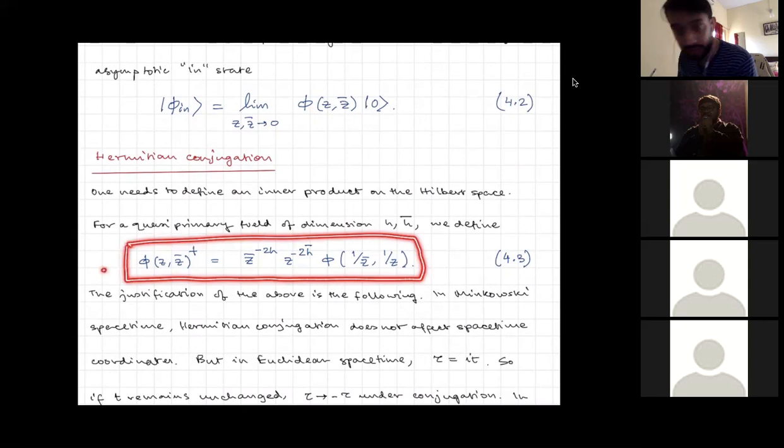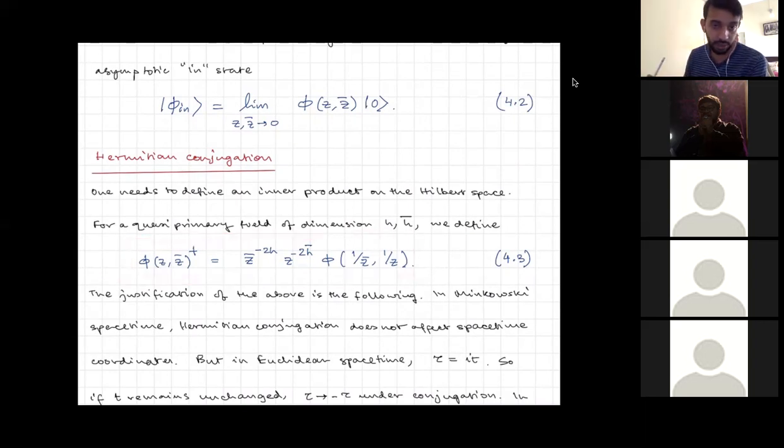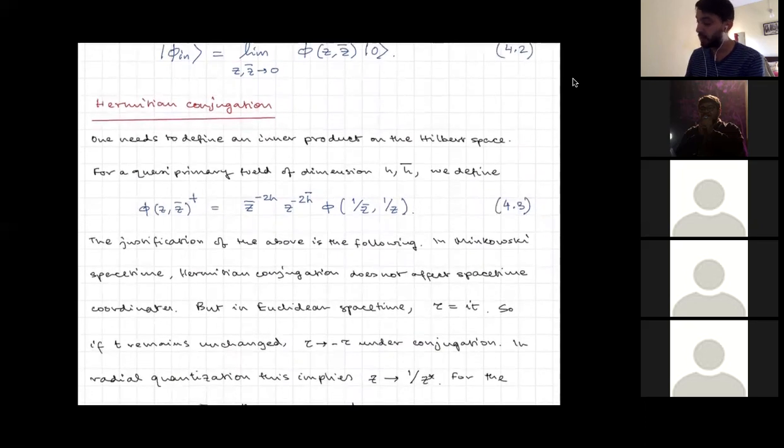What's funny about this equation is that there is a z bar which sits here with the h, and a z which sits here with the h bar, and you notice that z has gone to 1 over z bar and z bar has gone to 1 over z. A priori this looks absolutely bizarre, and you don't know what the justification of this is. So let's try and do this.